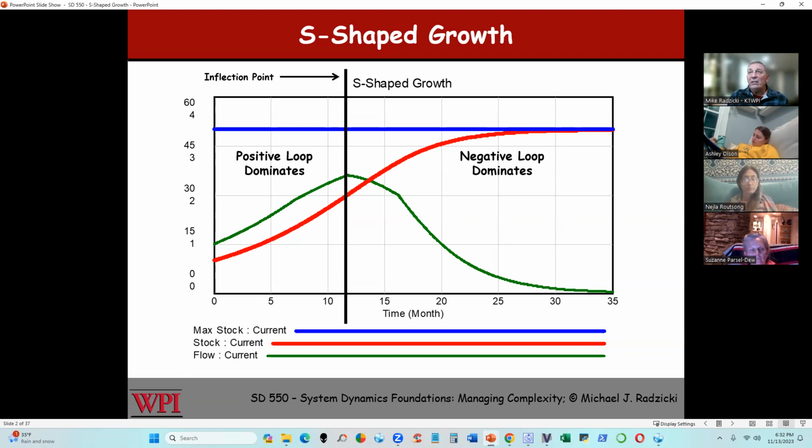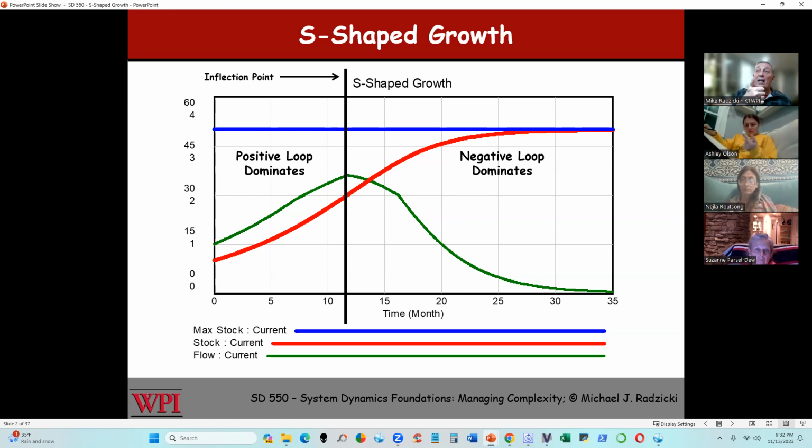But at some point, there's an inflection point, and the positive loop gives way or loses its dominance, and a dominant negative or goal-seeking process takes over. Okay, not necessarily an oscillation, but a dominant negative feedback loop.